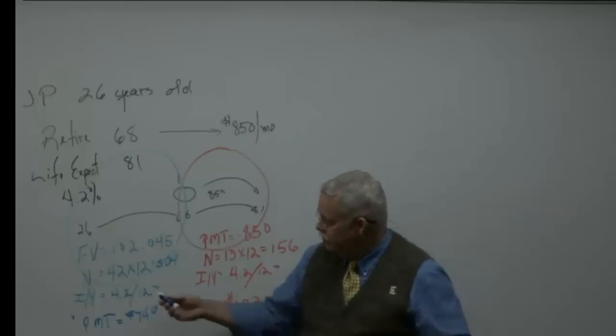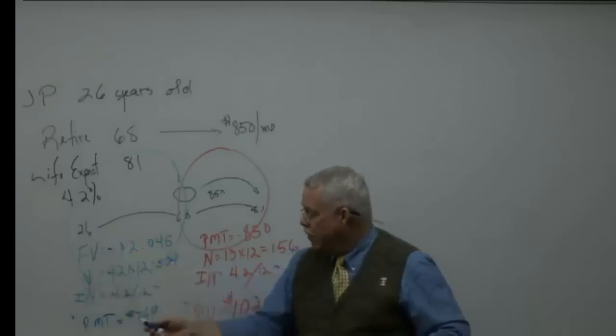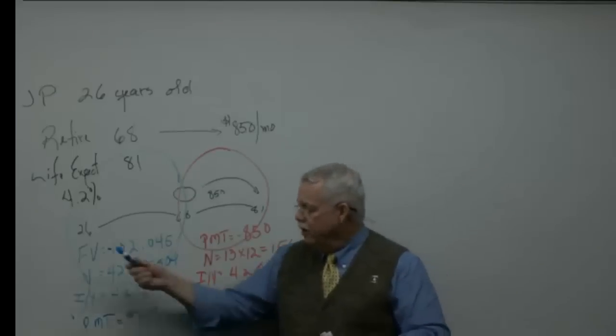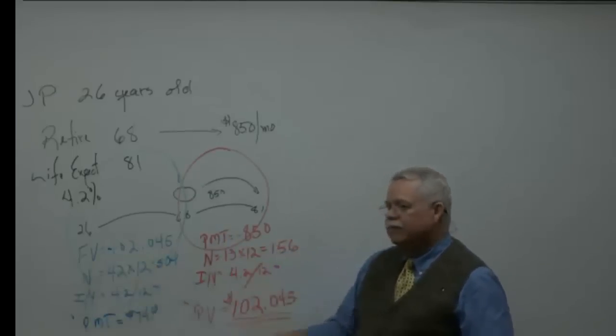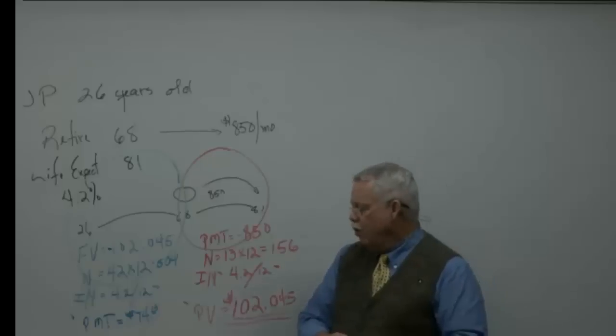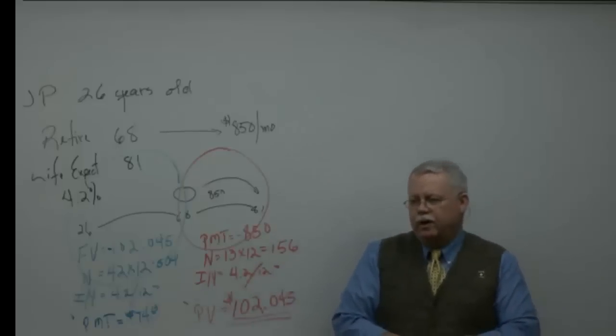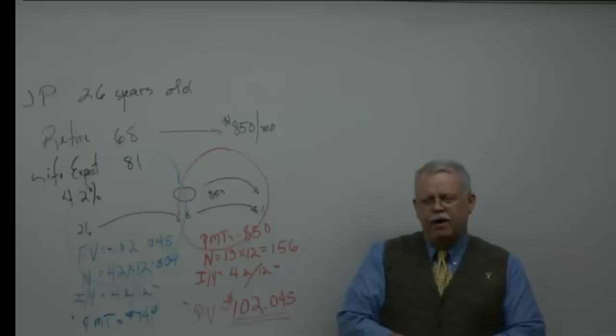Yeah, I'd have made this negative. That would have given me a positive payment. So you almost always have to have at least one of them negative? Yeah, at least one of these has to be negative, always. If you put both of them in as positive, you get error 5. Okay, got it. Ask me how I know that. How do you know that? I've done it 1,000 times.